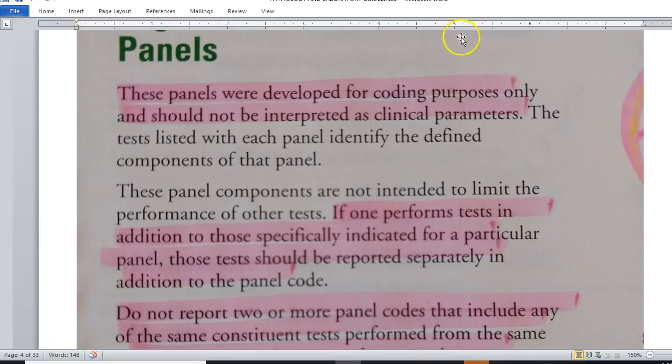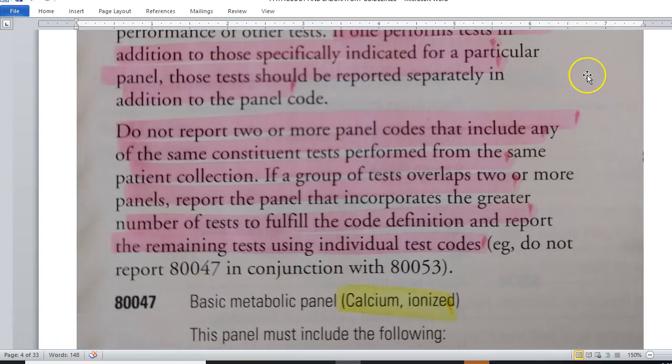Where it gets a little confusing is this next part. Do not report 2 or more panel codes that include any of the same constituent tests performed from the same patient collection, okay? If a group of tests overlap 2 or more panels, report the panel that incorporates the greater number of tests to fulfill the code definition, and report the remaining tests using the individual test codes.